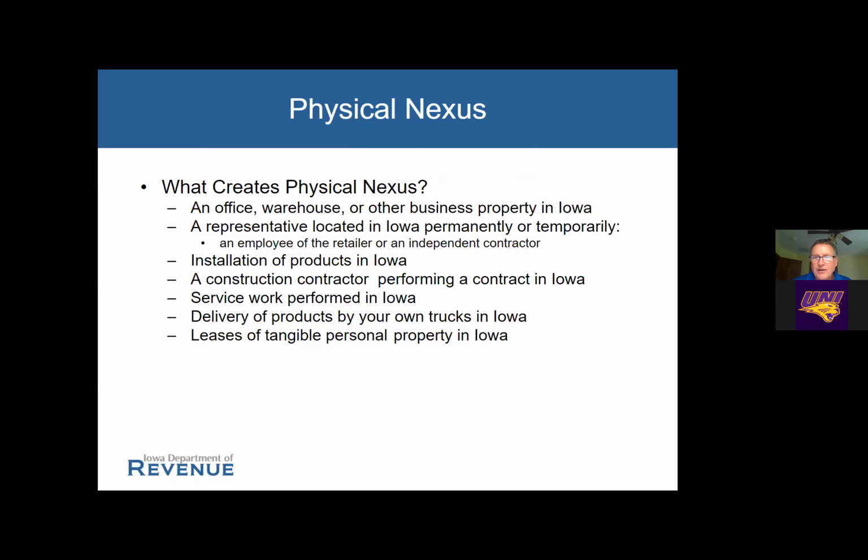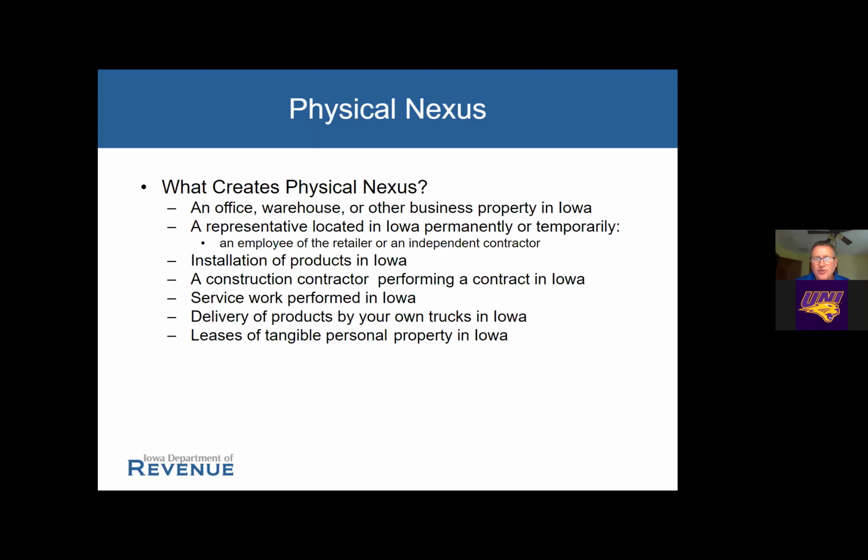Other things that create physical Nexus: you could have an employee located here permanently or temporarily, or possibly you've got an independent contractor working for you. Those things can establish Nexus. Maybe you're an out-of-state business and you're going to come into Iowa and install some products in Iowa. That could also establish Nexus.